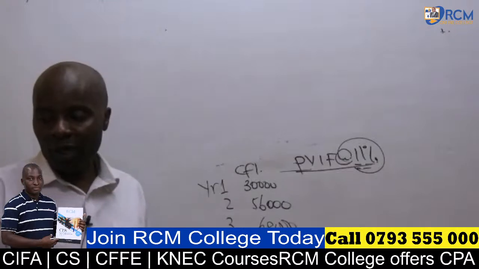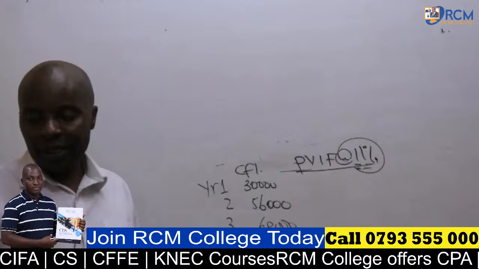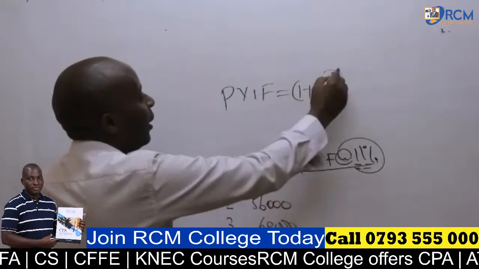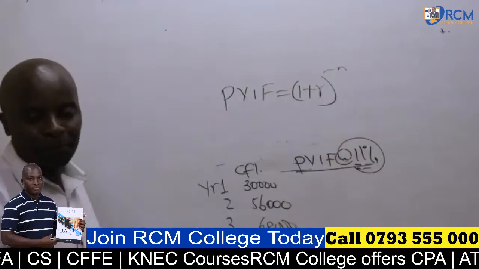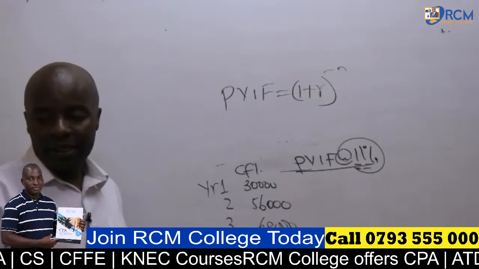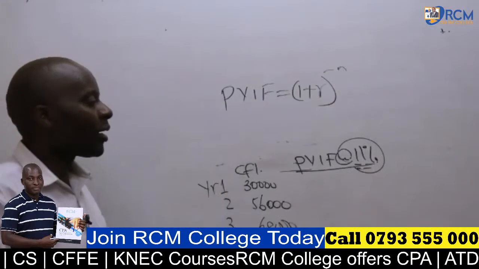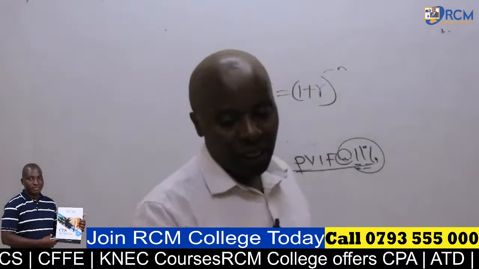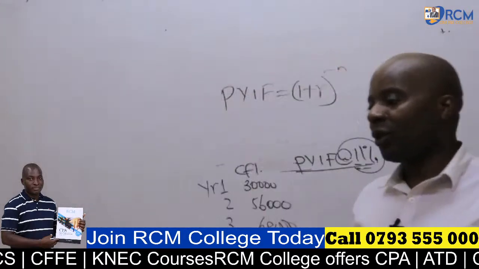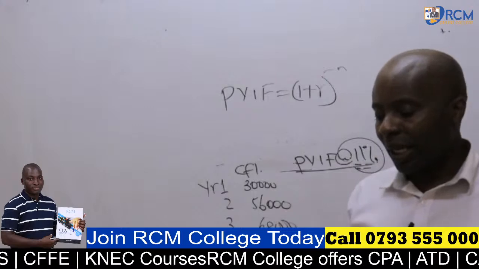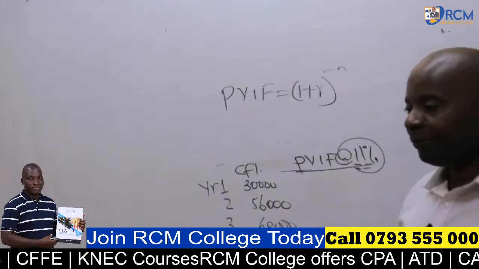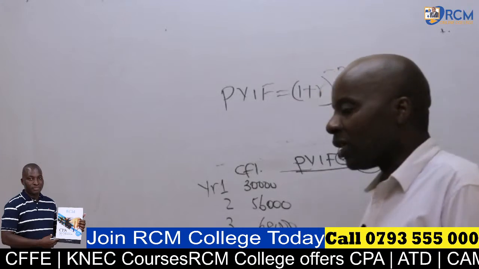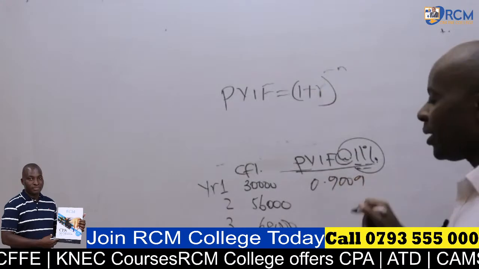Remember, our formula is quite easy. Our formula of getting PVs is 1 plus R raised to negative n. So it'll be 1.11 raised to minus 1, because our cost of capital is 11%. That gives 0.9009.